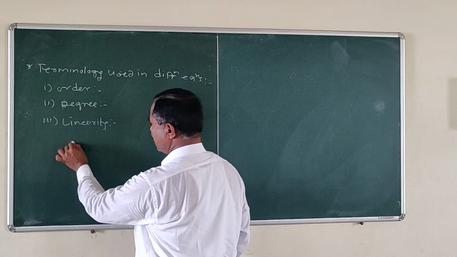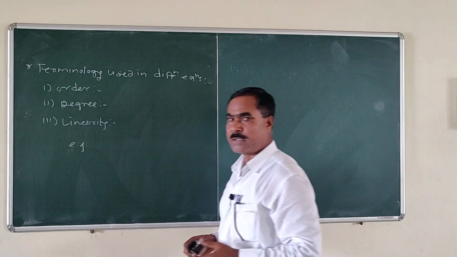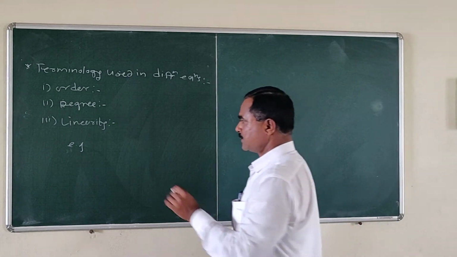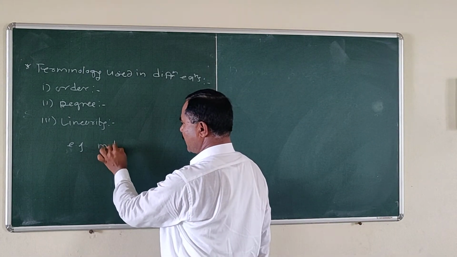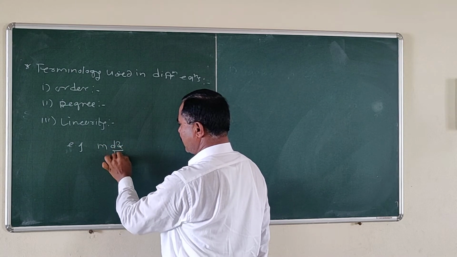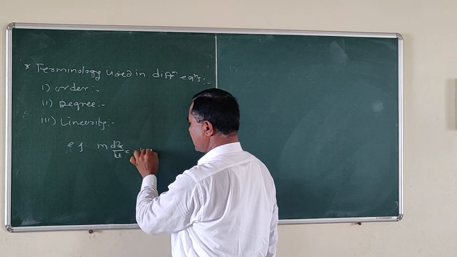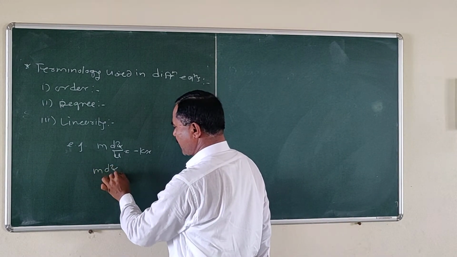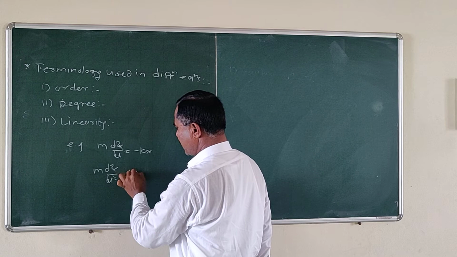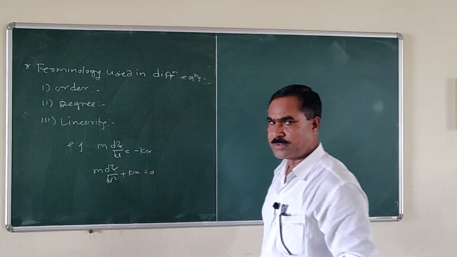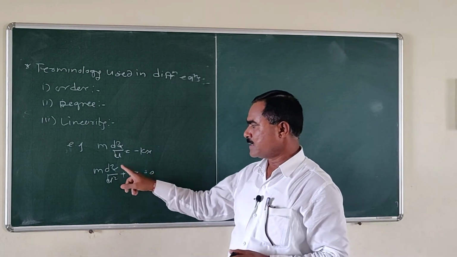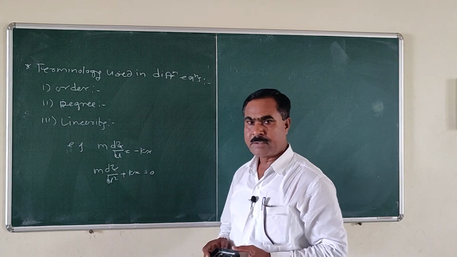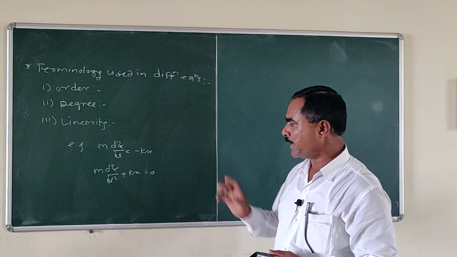For example, we consider the differential equation of linear simple harmonic motion, m d2x by dt square equal to minus kx, or we write m d2x by dt square plus kx equal to 0. This equation is of the second order, and there is no product term.